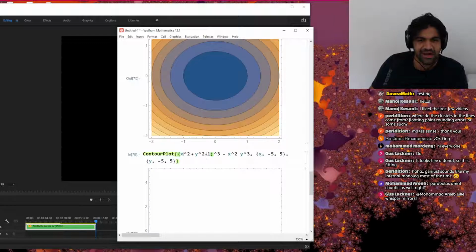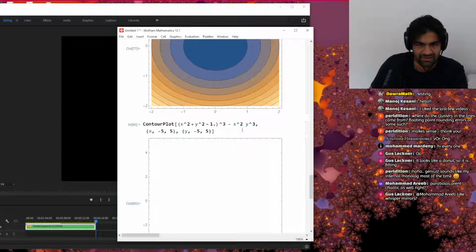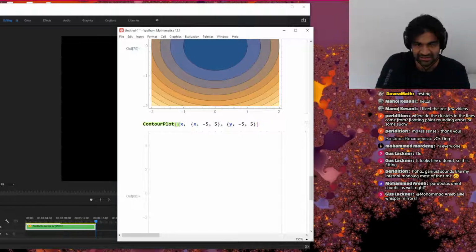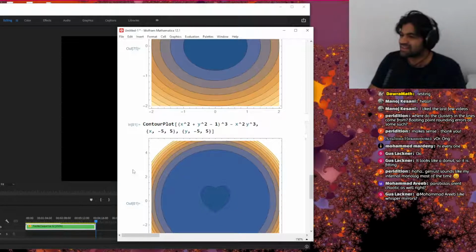Maybe, so I just copied this from online. Okay, I tried this before and it definitely worked. So let me just think this through. I don't know, it might be some weird formatting issue from online. Let's see. So let's go (x squared plus y squared minus 1) cubed minus x squared y cubed. Okay, I don't know why it didn't work last time, but it worked this time.